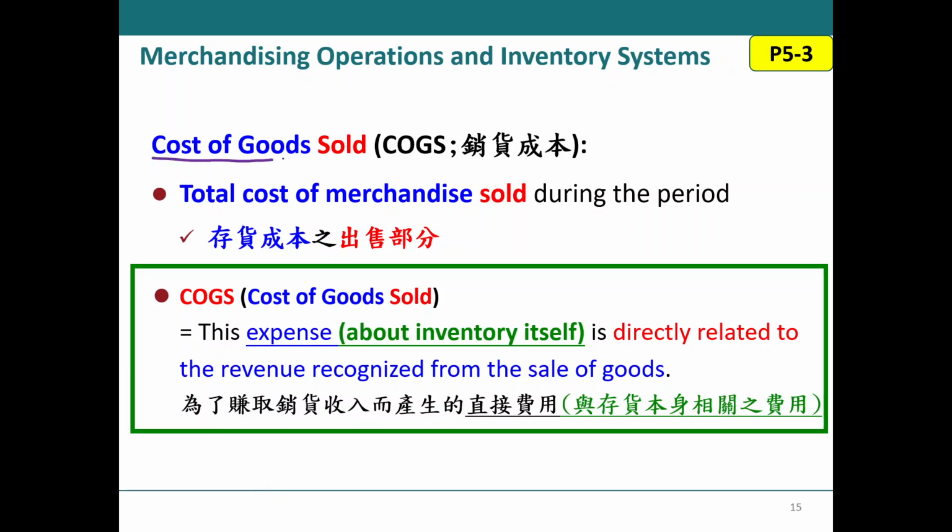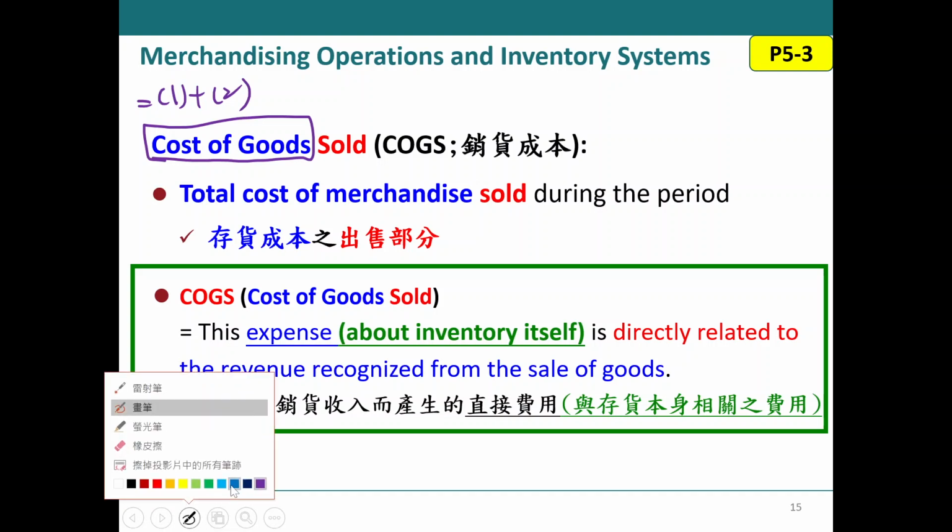So cost of goods is what? It's your one plus two, right? After one plus two, we determine how much money we spend to buy the t-shirt inventory, right? Later on, when we sold to customers, cost of goods sold means later on when we sold inventory to customers.